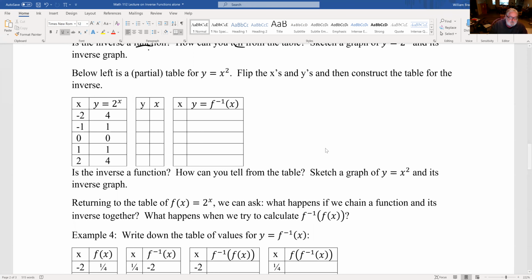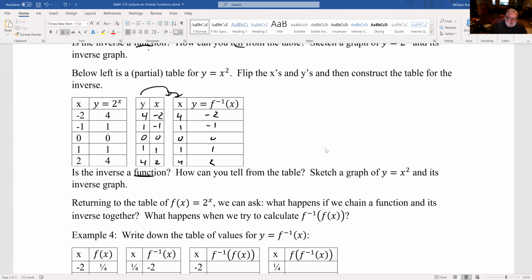If we try to do the same thing for y equals x squared, we can flip the x's and the y's. We get 4, 1, 0, 1, 4, and then minus 2, minus 1, 0, 1, 2. Relabeling the y's to x's, we get 4, 1, 0, 1, 4, and then minus 2, minus 1, 0, 1, 2.